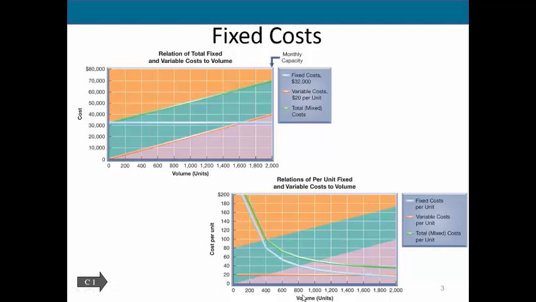That is because we will be allocating the fixed costs over more units as we increase our volume. So this is very important to understand. Just as you can understand how volume affects your end profit, if you can see how our cost setup, do we have more variable or more fixed costs, that has a big impact on how our change in volume affects our profit.